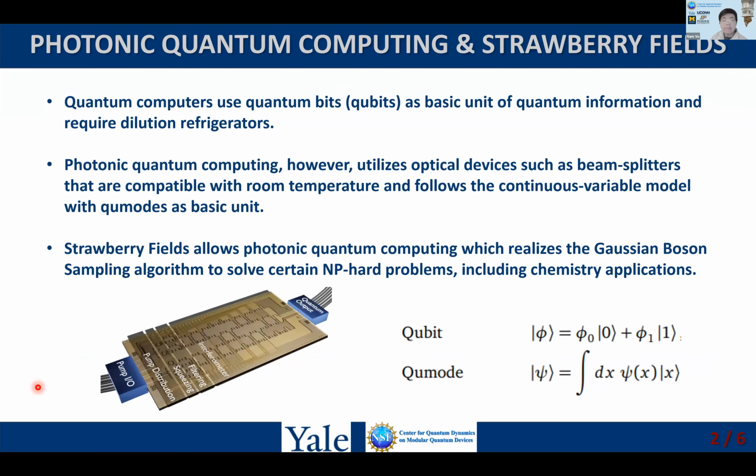Just to reiterate, many quantum computers use qubits and require the use of dilution refrigerators. But photonic quantum computers use qumodes, they operate on bosons, and they are compatible with room temperature. It has been shown that discrete variable models, such as the Qiskit package developed by IBM, and continuous variable models, such as Strawberry Fields that we are talking about here, are equivalent in quantum computing.